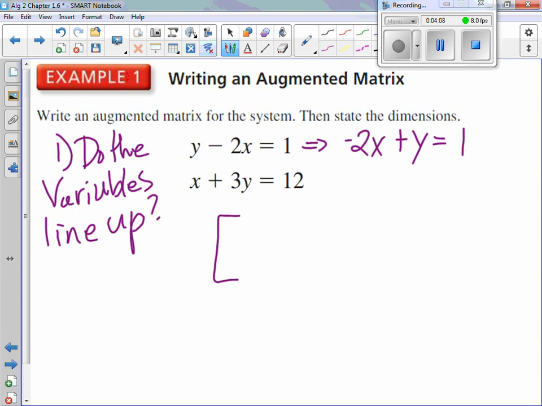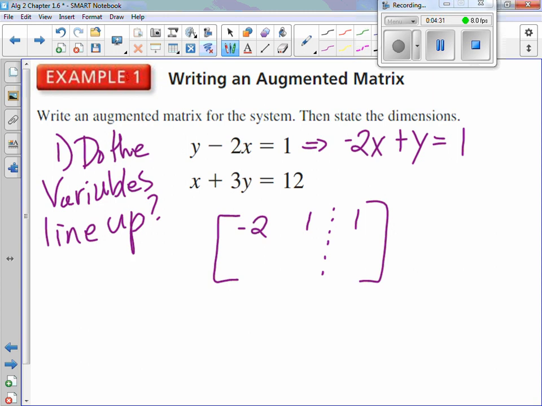So we're going to do a bracket here. Bracket. So we can put this one on top. Our first coefficient is what? Our next coefficient is 1 and 1. Now I'll use this little dotted line to signify where the equal sign is.